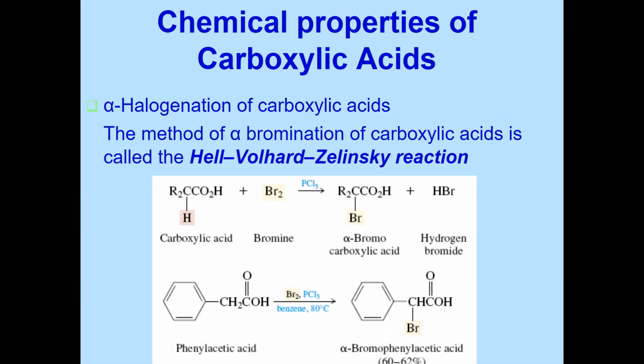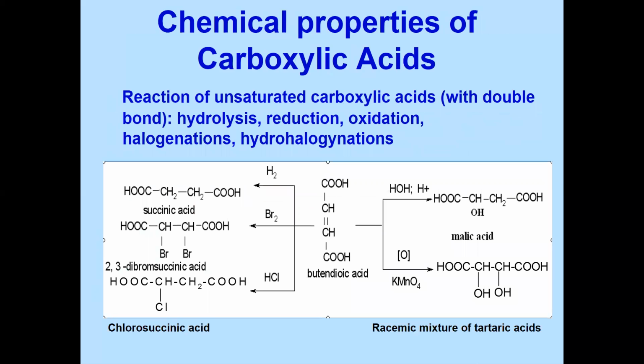Alpha halogenation of carboxylic acids. Reactions of unsaturated carboxylic acids with a double bond: hydrolysis, reduction, oxidation, halogenation, hydrohalogenation.